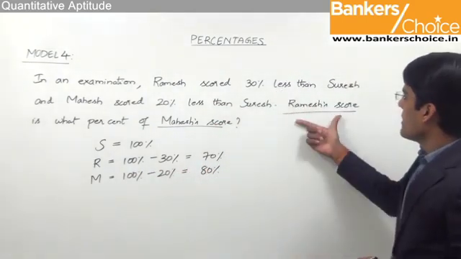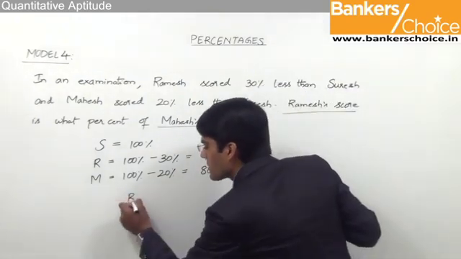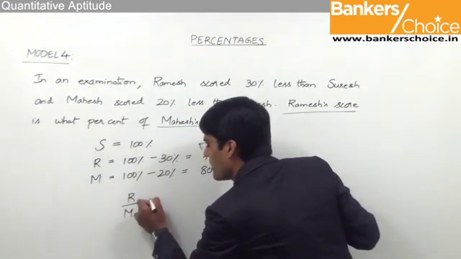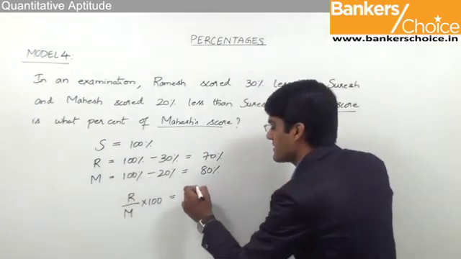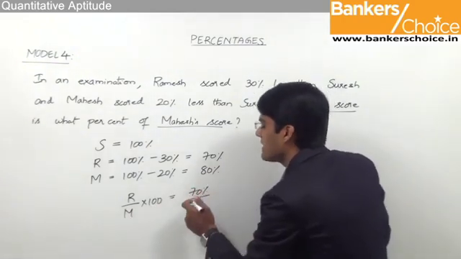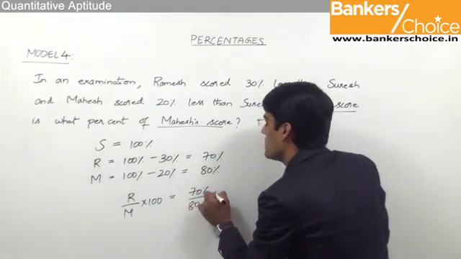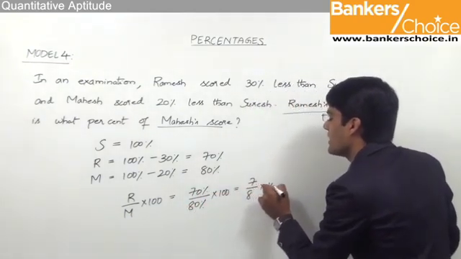Now we have to find out Ramesh's score is what percent of Mahesh's score. The answer here should be Ramesh's score by Mahesh's score into 100. Now as we know that Ramesh's score is equivalent to 70%, we can take this as 70% upon Mahesh's score, which is equivalent to 80%, into 100. So this can be taken as 7 by 8 into 100.